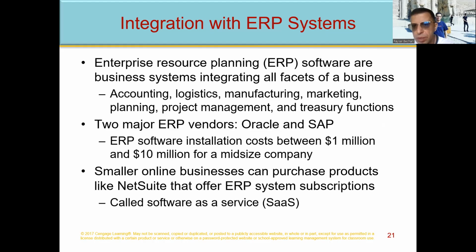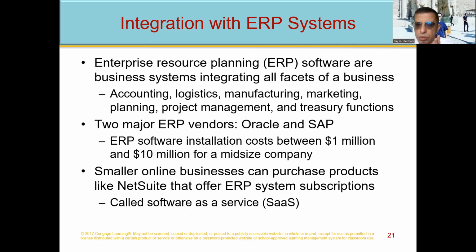Integration with the ERP system. Enterprise resource planning, or ERP software, are business systems integrating all facets of a business, like accounting, logistics, manufacturing, marketing, planning, project management, treasury function, HR, and the list goes on.